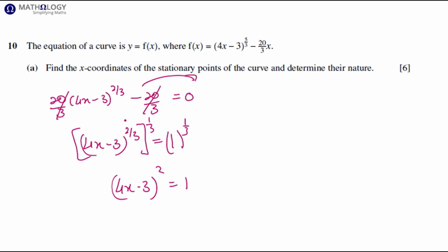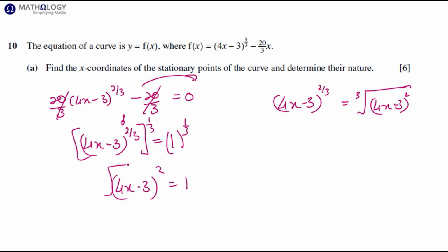The reason we've done this is because of the presence of this 2 in the numerator of that fraction. It's the cube root. 4x minus 3 to the 2 thirds is the cube root of 4x minus 3 squared. Now because of the presence of that square, when you square it to a quadratic, you're going to get two solutions. So just be very, very careful in a situation like this, as in this example over here.